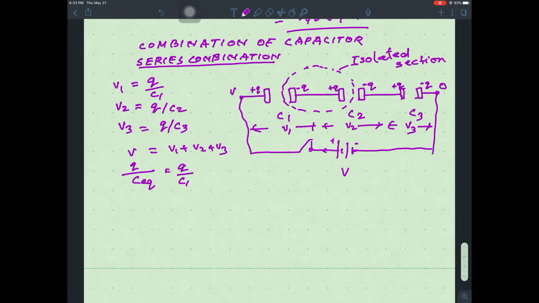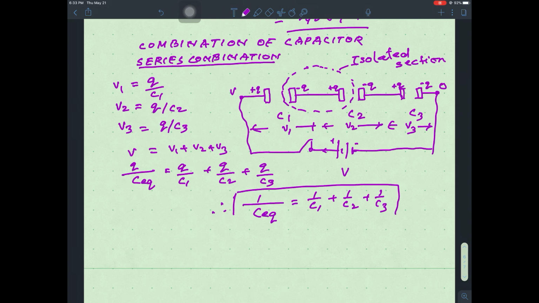So this is Q by C1 plus Q by C2 plus Q by C3. So what result are we getting? Therefore 1 by C equivalent: if three capacitors are connected in series, then 1 by C equivalent is equal to 1 by C1 plus 1 by C2 plus 1 by C3.